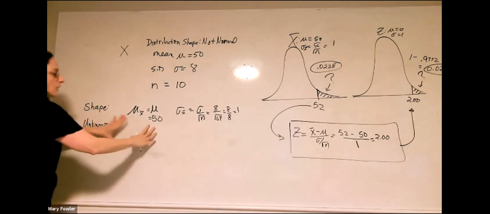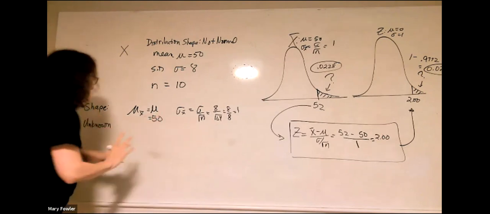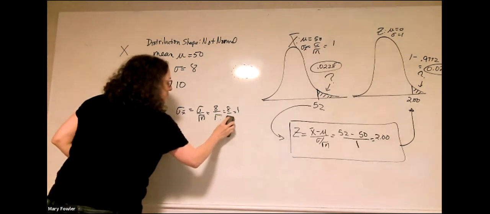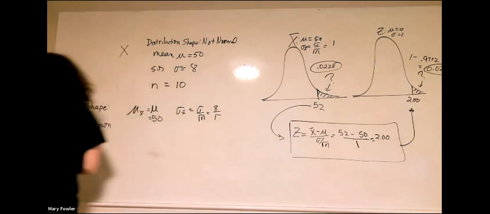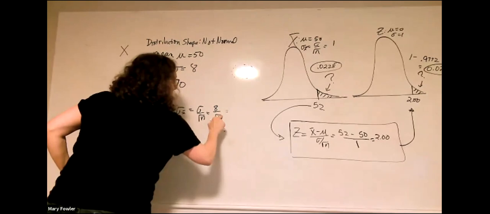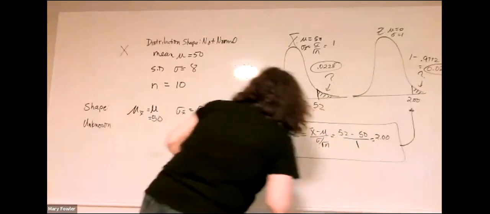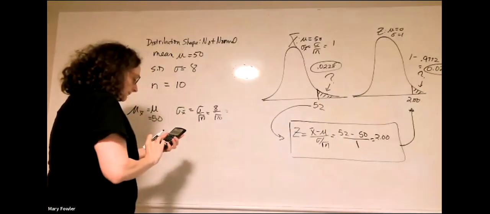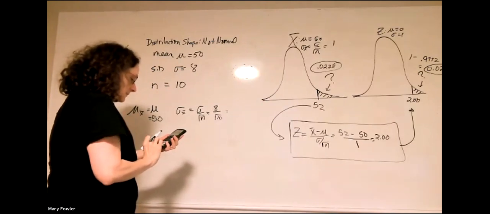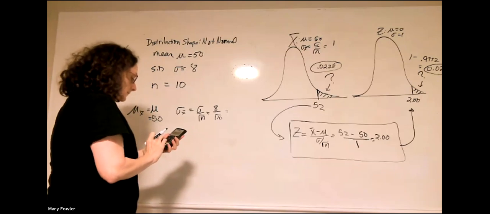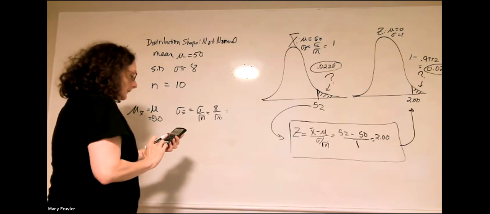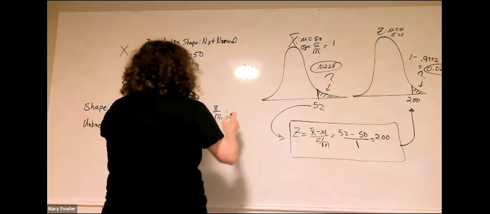Right? We do know the mean and we do know the standard deviation, right? So the standard deviation is going to change because it's going to be 8 over the square root of 10. I'm getting 2.53.